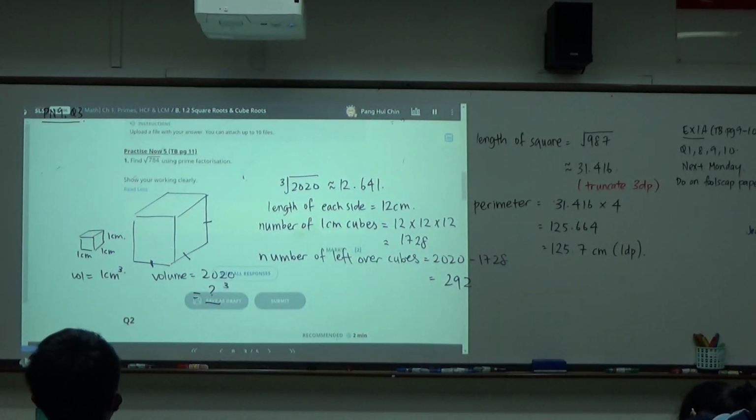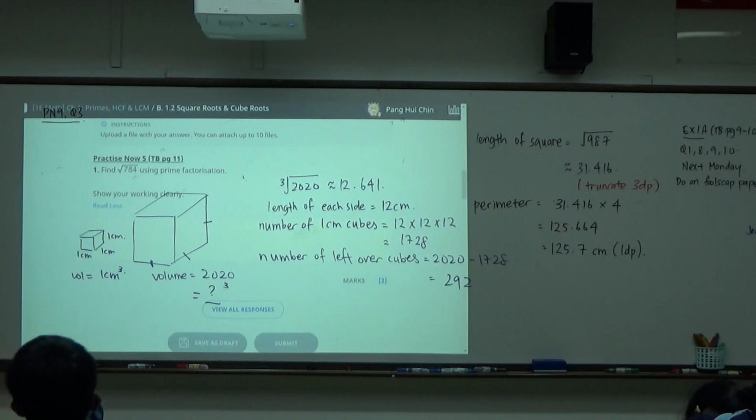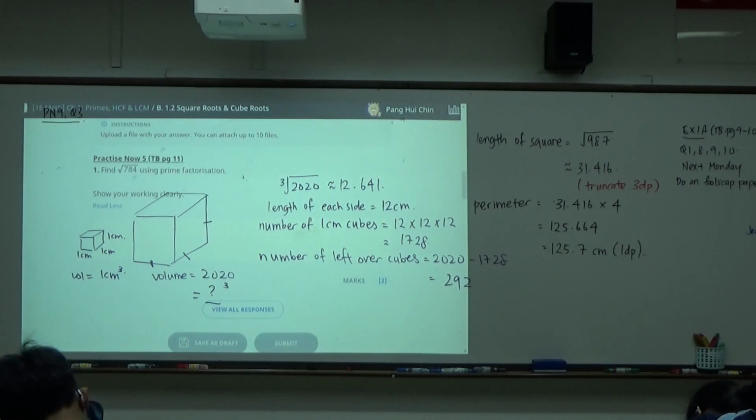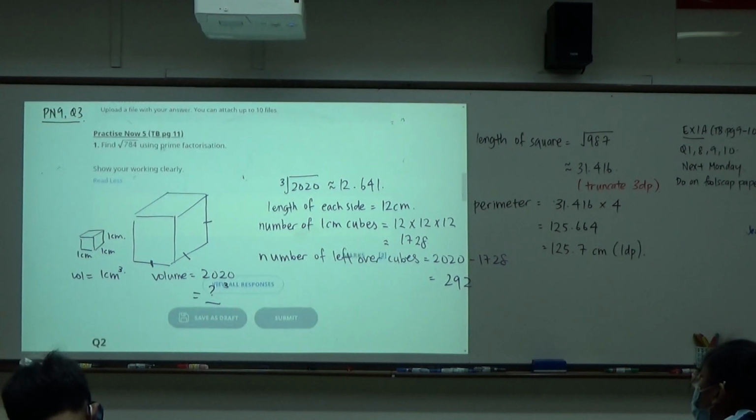Now, this square root 784. I saw some of your answers. Some of you are getting the idea, some of you are not.